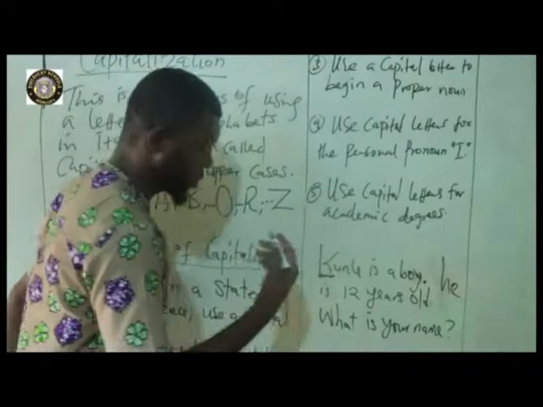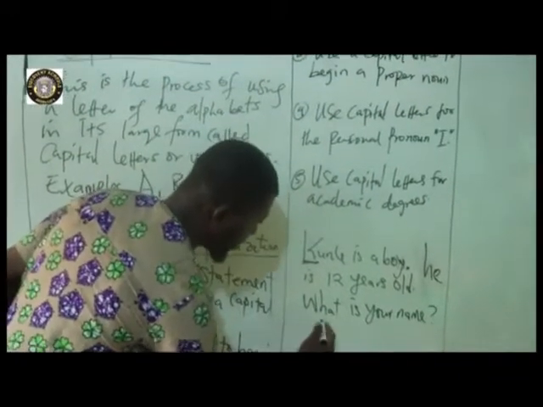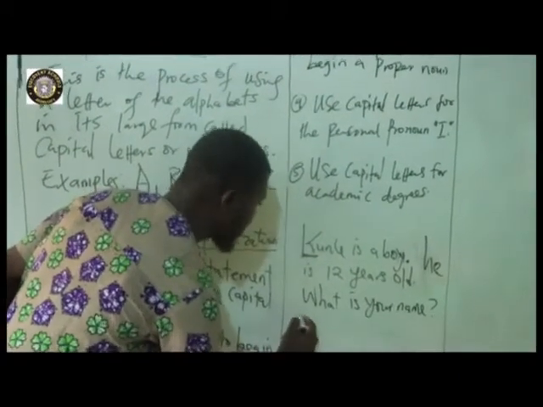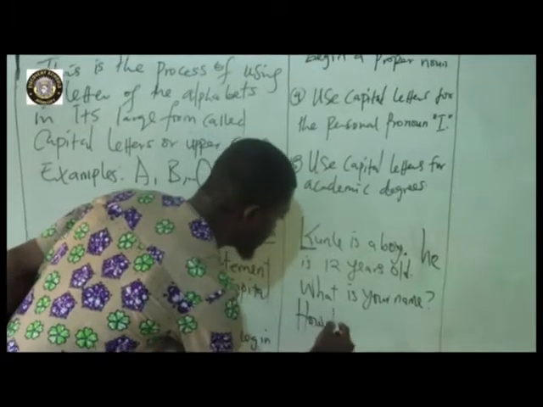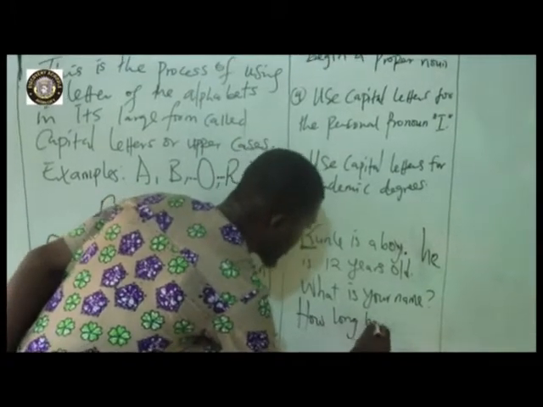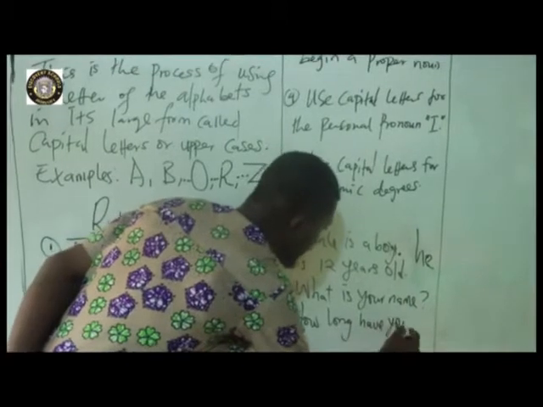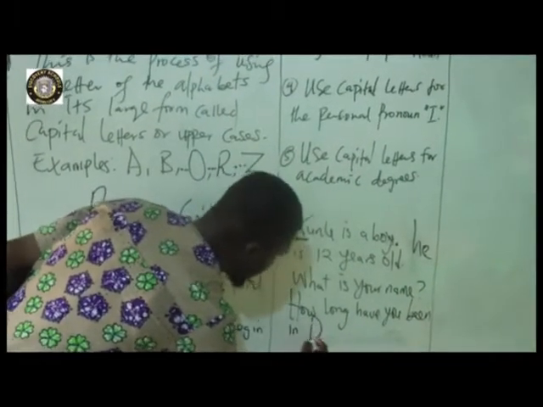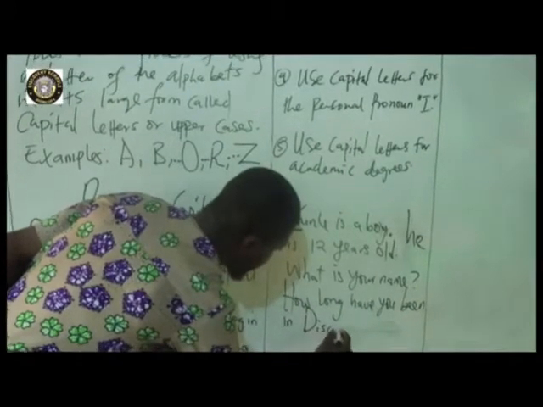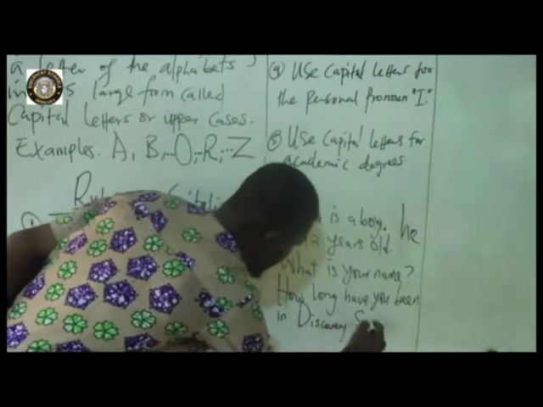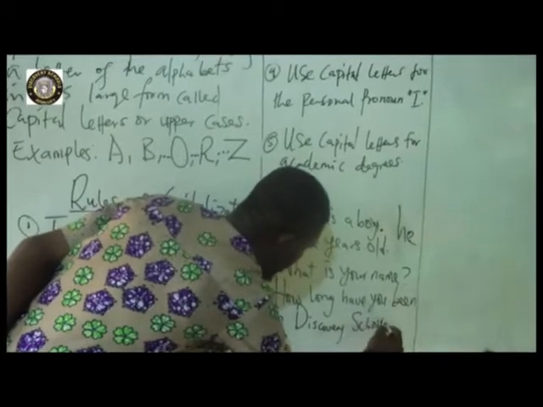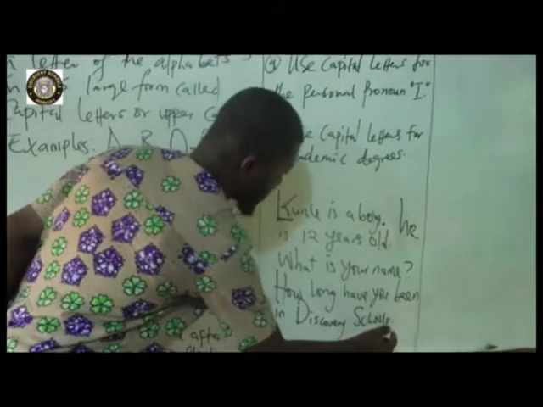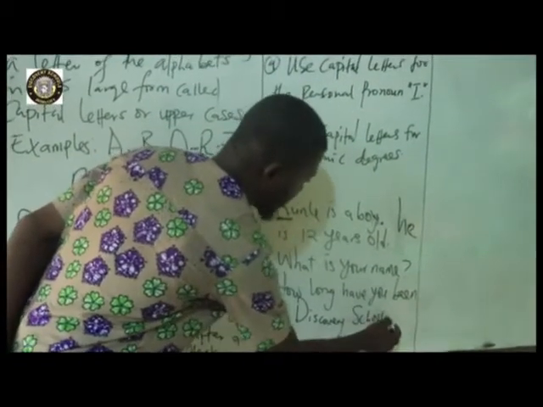In other words, we say something like this. What is your name? How long have you been in Discovery schools? How long have you been in Discovery schools? Can I end it with a question mark? With a full stop?